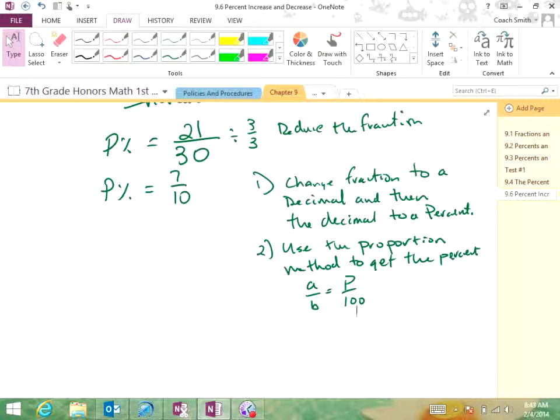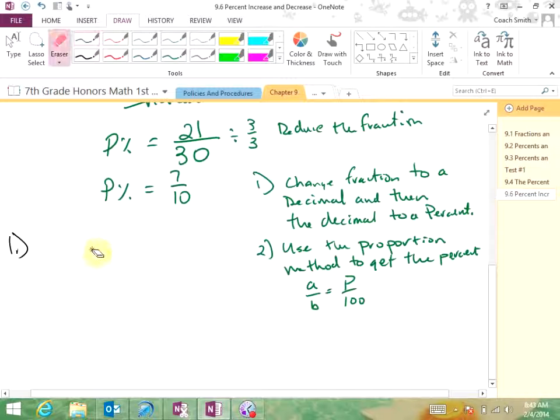Actually, 7 over 10, you should understand what percent it already is, just by the fraction itself. If I have 7 over 10, what's that going to be? 70%. Okay? But here's how you would do it if it wasn't that easy. They're obviously not going to be that easy. Way number one is you would just simply take and divide 10 into 7.